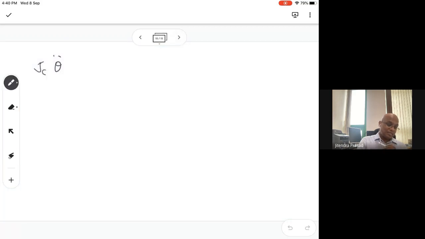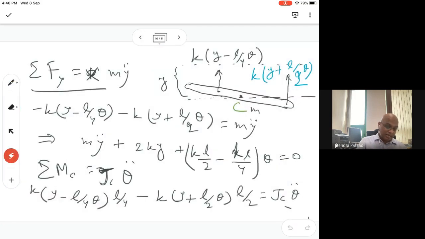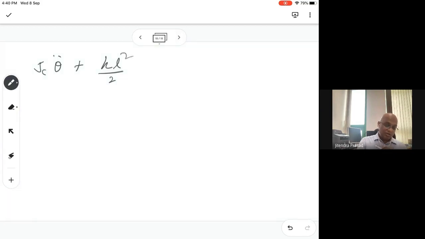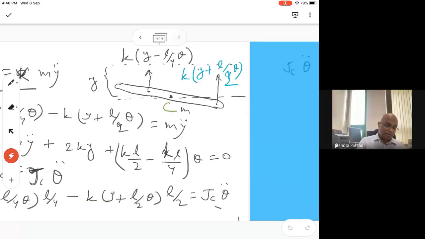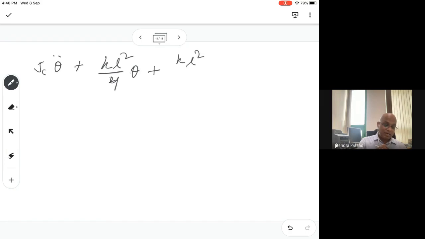Finally we get plus kL over 2 times L over 2, so kL square over 4 theta, and from here we get kL square by 16, and this minus becomes plus, so kL square by 16 theta is equal to 0. So this is what we get.